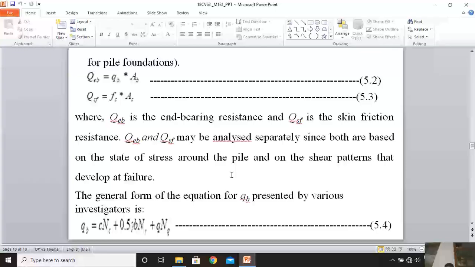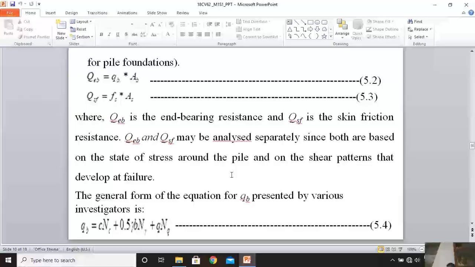NC is Terzaghi's bearing capacity factor, and gamma is the unit weight or density of the soil in kilonewton per meter cube. B is the diameter or width of the pile in meters.